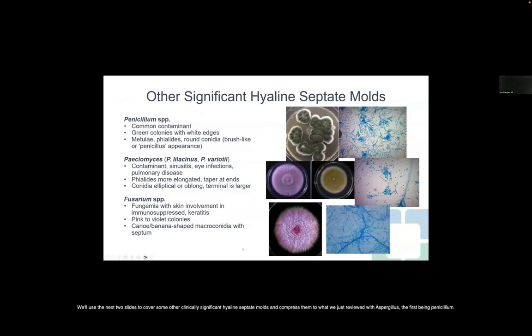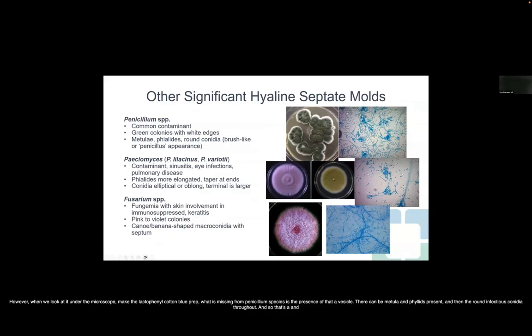We'll use the next two slides to cover some other clinically significant hyaline septate molds and contrast them to what we just reviewed with Aspergillus. The first being Penicillium. Penicillium is a common contaminant, and then shown here it can grow as this green-blue colony, very similar to Aspergillus.